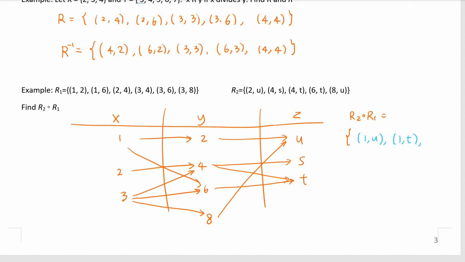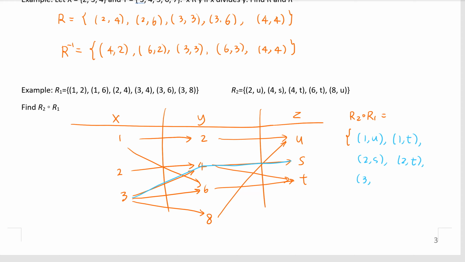Let's go to 2. 2 goes to 4, 4 can go to S. So we have (2, S). 2 goes to 4, 4 can go to T. So that is (2, T). And then 3 can go to 4, 4 can go to S, right?